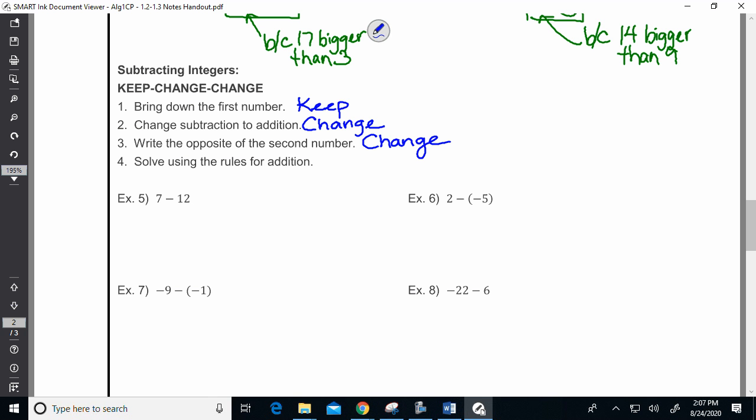So for problem 5, this would become 7 plus negative 12. Keep the first number, change subtraction to addition, and take the opposite of the second number.